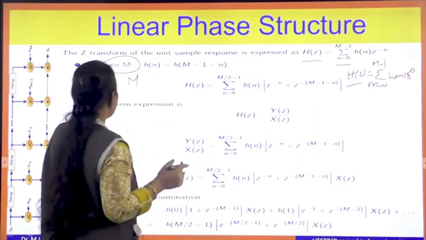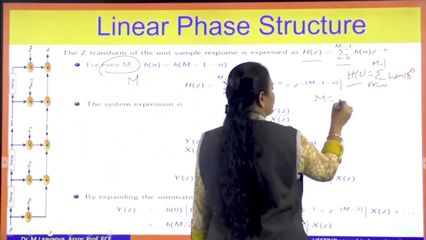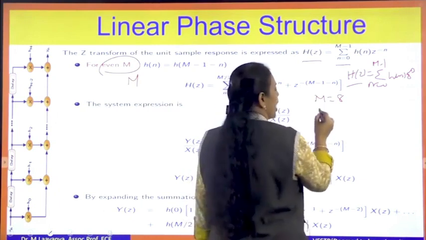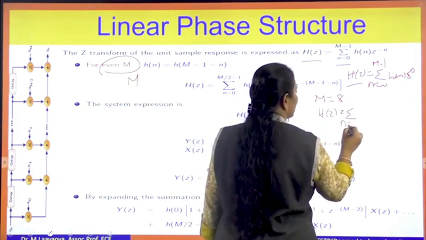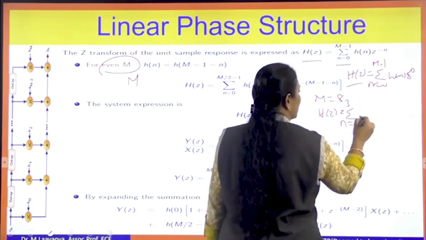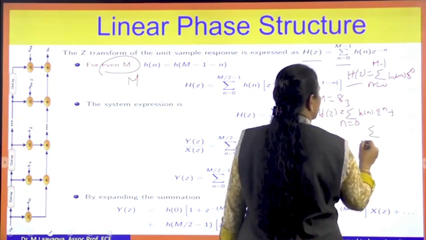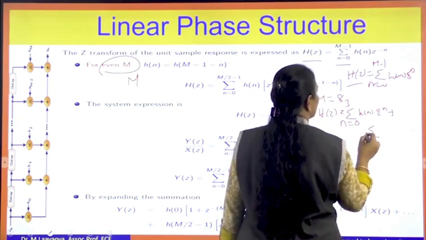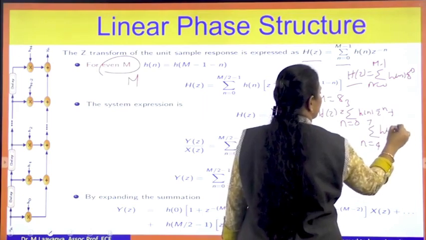I have taken it is even, for example, N is equal to 8. What will I do? H of z is equal to, I can divide into equal halves. So summation 0 to 3, h of n z power minus n plus summation n equal to 4 to M minus 1, that is 7, h of n z power minus n.